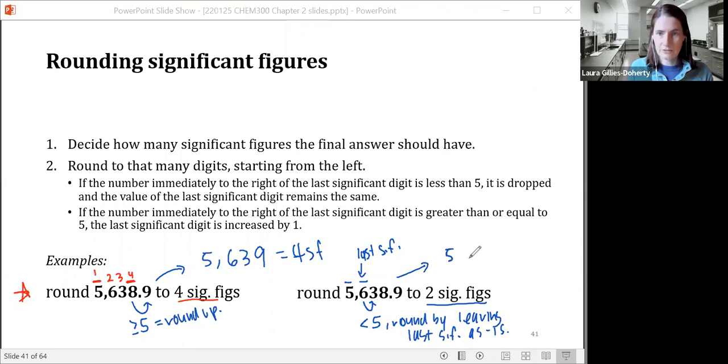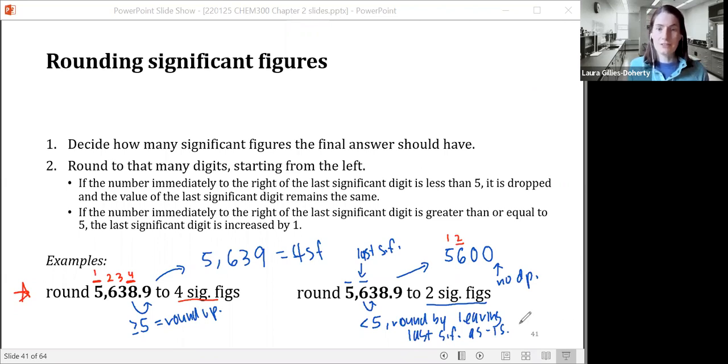So we get 5, and then the 6 stays a 6 because the number immediately to the right of it was less than 5. So 5, 6, and then we fill in those other spots with zeros. You want to leave off the decimal point so that when you count these sig figs, you only have 1, 2 sig figs.